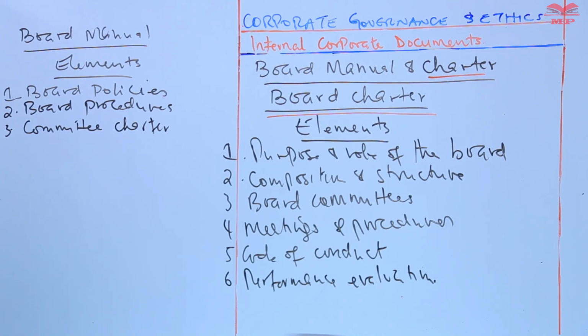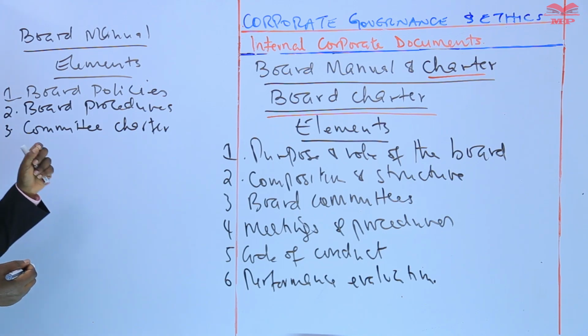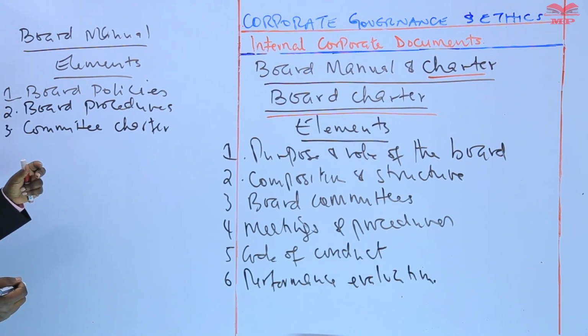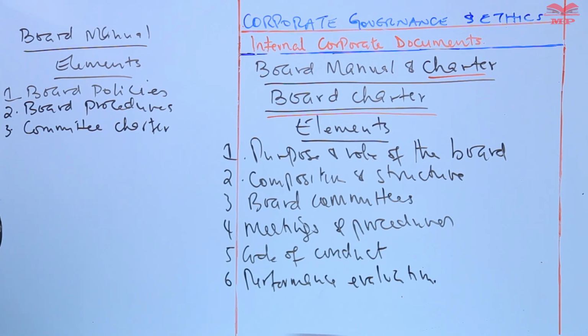Charters for each board committee have to be outlined within the board manual. That is to say, a board manual details charters for each board committee, outlining their specific roles, responsibilities, and membership.